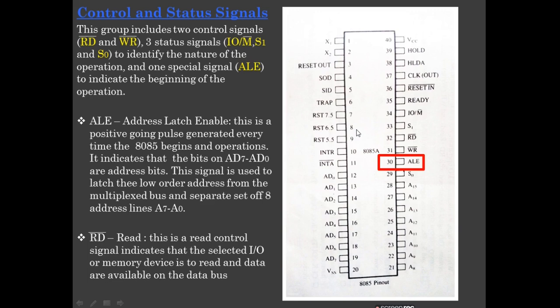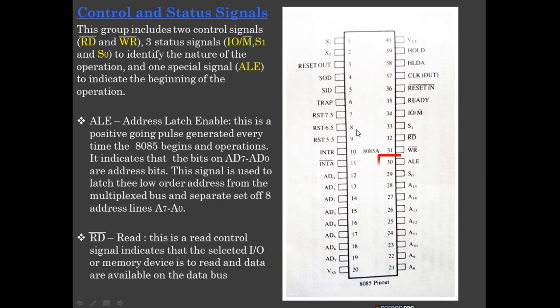This is a positive going pulse generated every time when the 8085 begins an operation. It indicates that the bits on AD7 to AD0 are the address bits, and it is used to separate the low order address from the multiplexed bus and get a separate set of 8 address lines, that is A7 to A0.